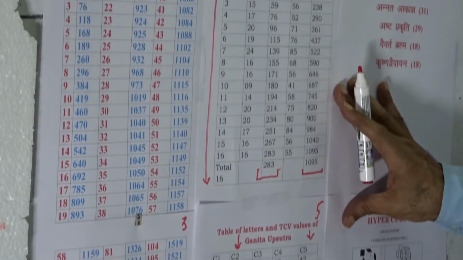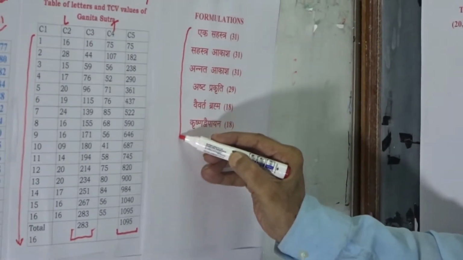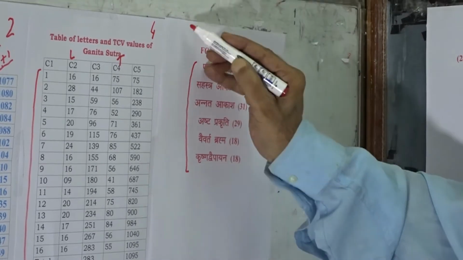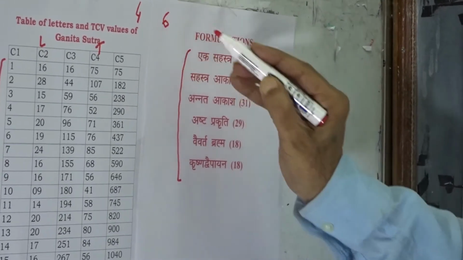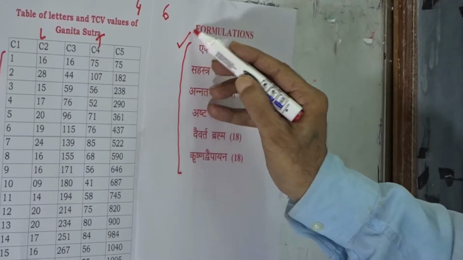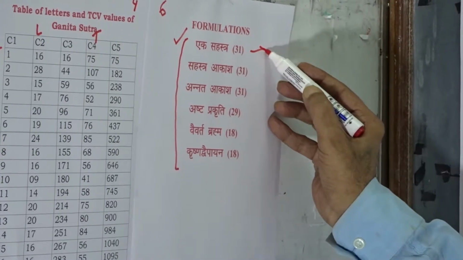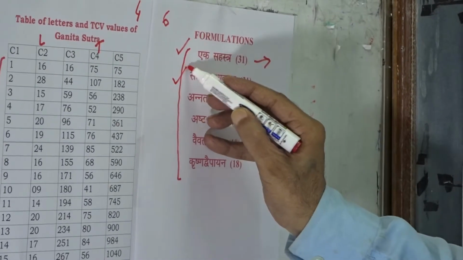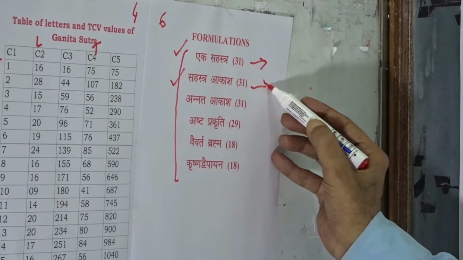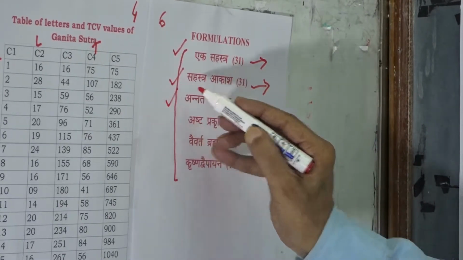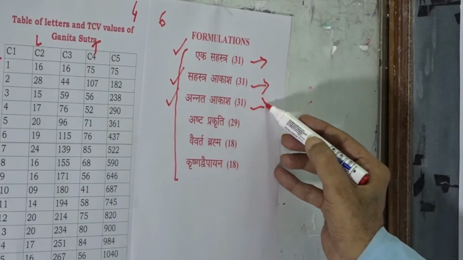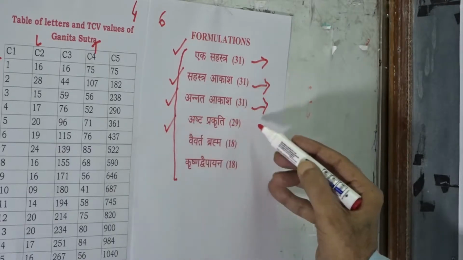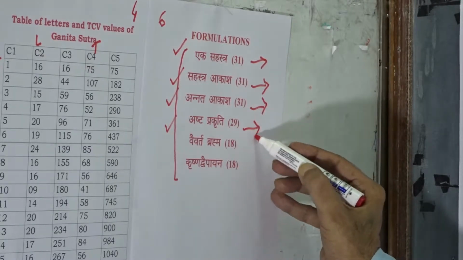The next step, let us have a focus upon these sample formulations. First, Ek Shahistr leads to value 31. Shahistr Akash as well leads us to value 31. Anant Akash as well leads us to value 31. Asht Prakriti leads us to value 29.